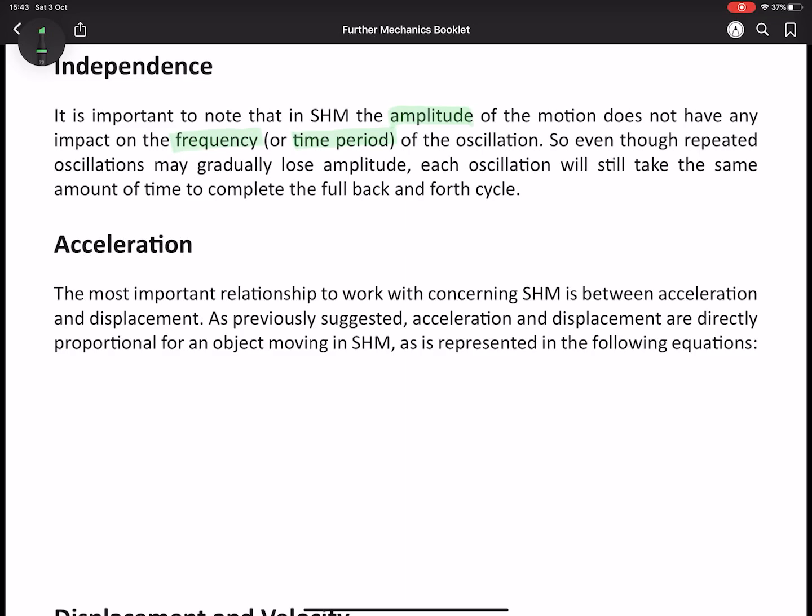So it's a little bit of a weird quirk, not necessarily what you would assume to be true. But that does mean that time period and frequency are completely independent of the amplitude, and we in fact deal with them later.